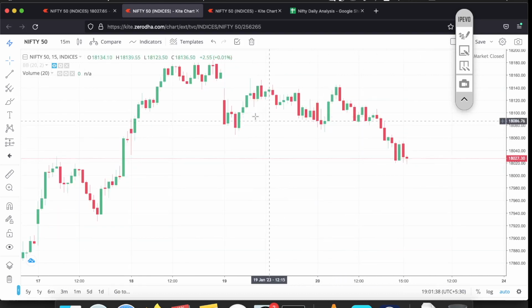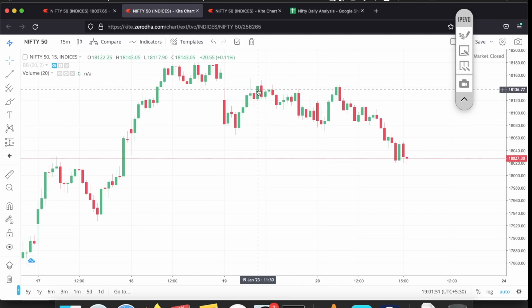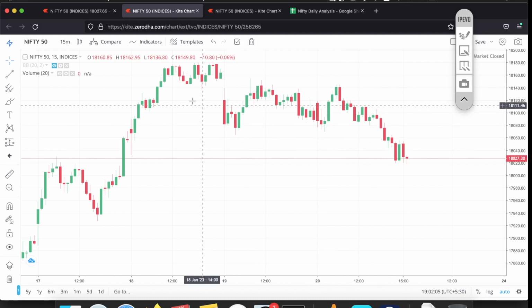Overall, the price action today shows that Nifty found some support at yesterday's lows and tried to break above the previous session highs, but could not. From that resistance, it broke below the previous lows and closed even lower than the bullish candle on 18th Jan.